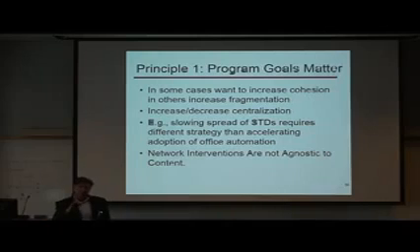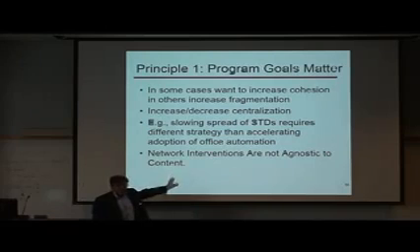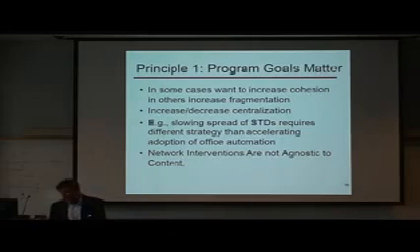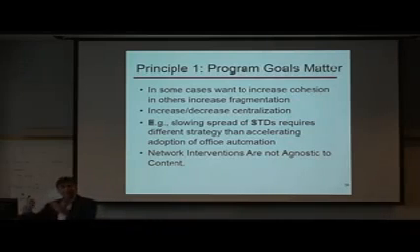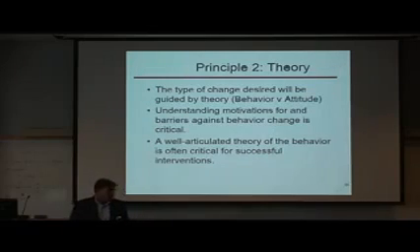But it's definitely true for network interventions, because what you're trying to do is going to determine in part the kind of intervention you want to create. Sometimes you want to fragment networks. Sometimes you want to make them more cohesive. I always use the example of STDs. You can reduce the rates of STDs through two mechanisms: one, fragment the sexual contact network, or two, accelerate the spread of condom use or other protective measures. But they're two very different things, and they have very different implications for network interventions.